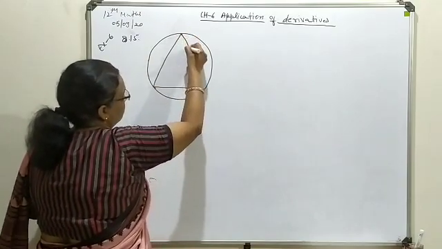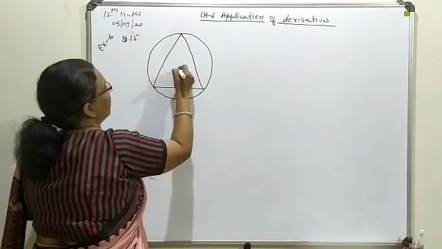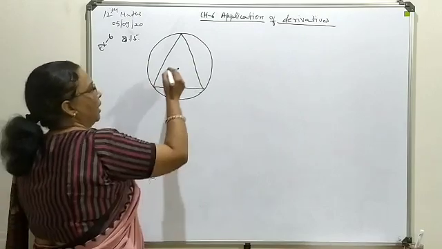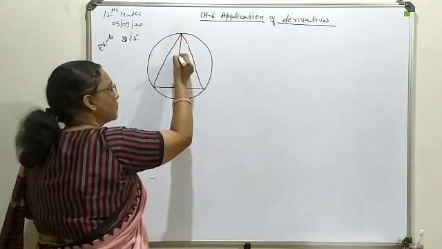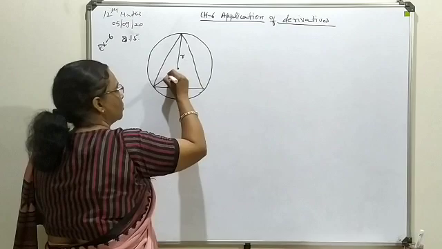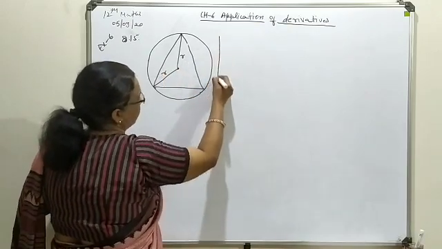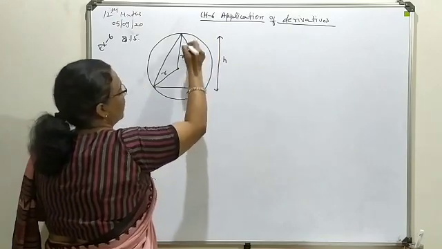This is a cone. This is the center of the surface, you can say. The radius of the sphere is given to us as small r, so this is also to be considered as a radius. Now the height of the cone we will consider as small h. This is the height of the cone.